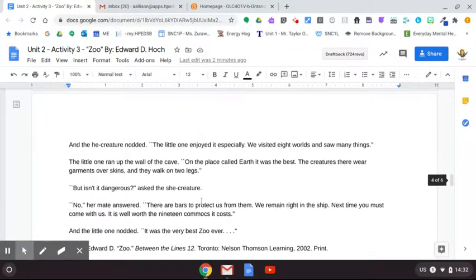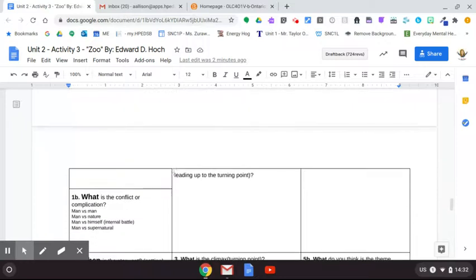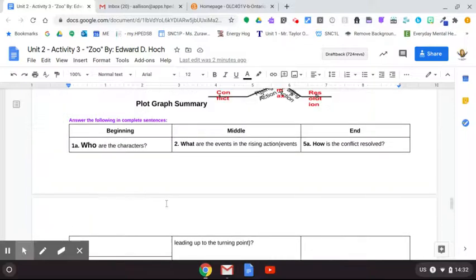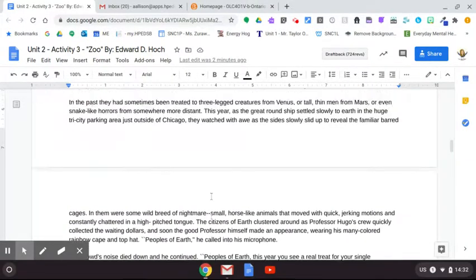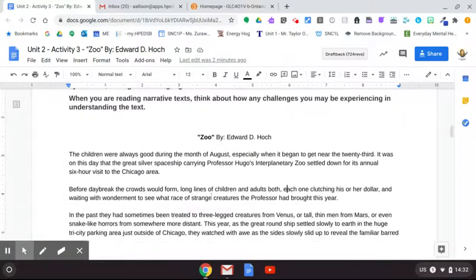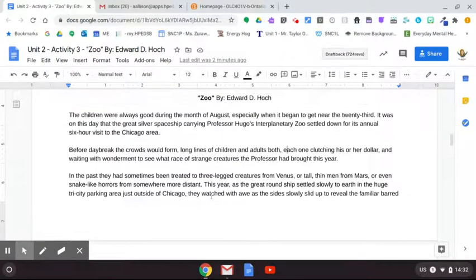All of those things are pieces that you're finding out in the beginning of the story. So then, if we go back up, you can read a little bit more.